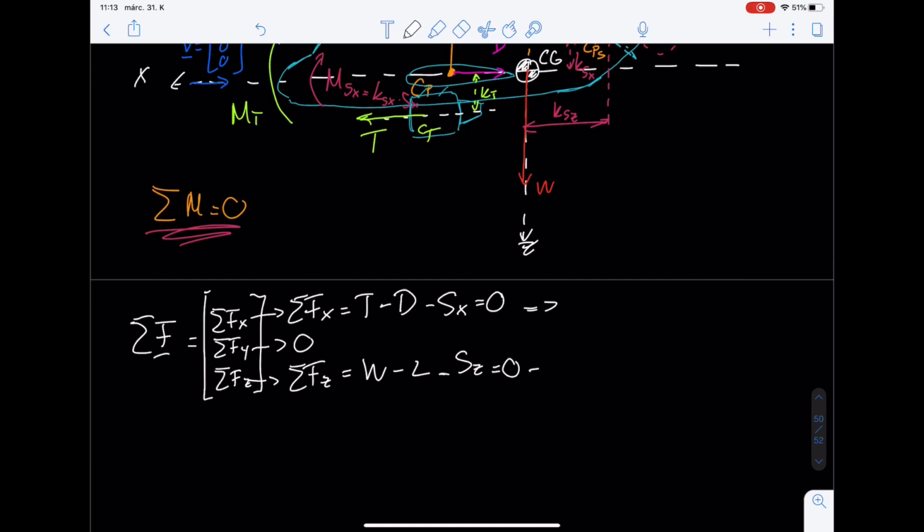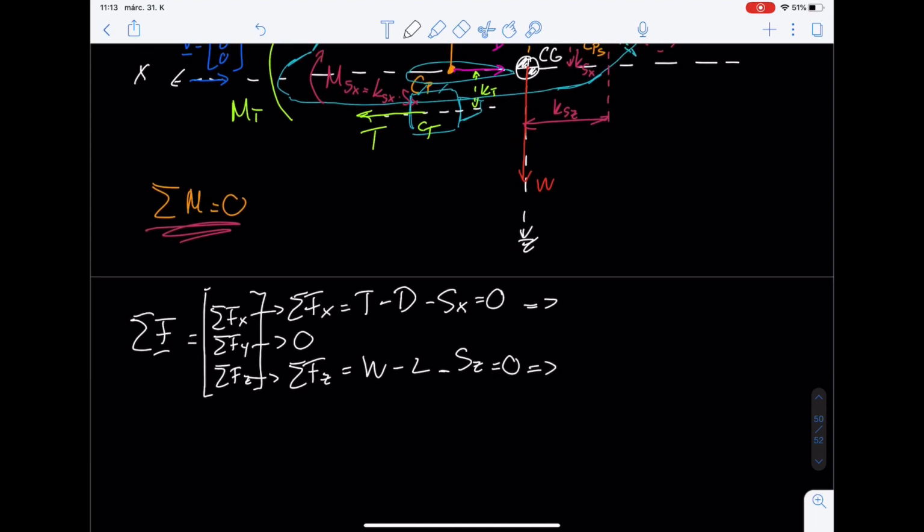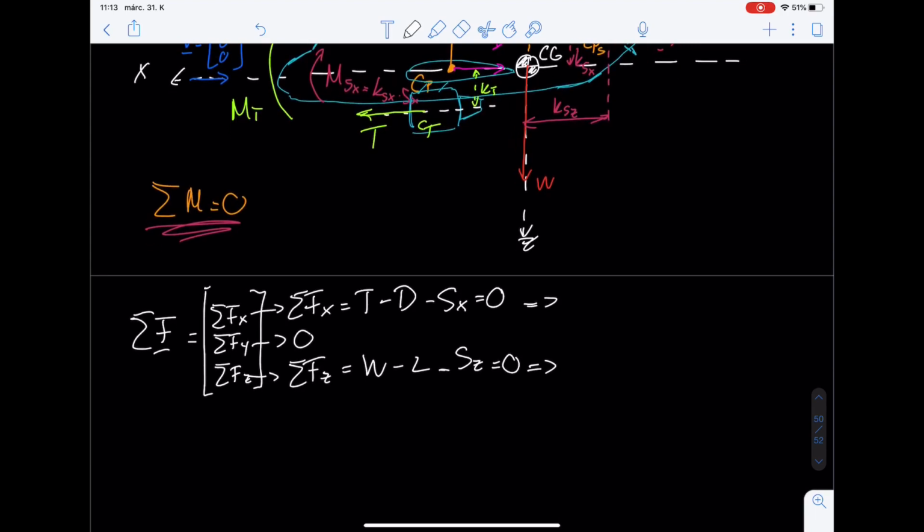So what I get if I express thrust and lift from these two equations. From the first one I get that the thrust is equal to the drag plus the trim drag. So that's nothing new. It's just like in the previous case. However, in the second one I get that the lift is going to be equal to the weight minus the trim force.